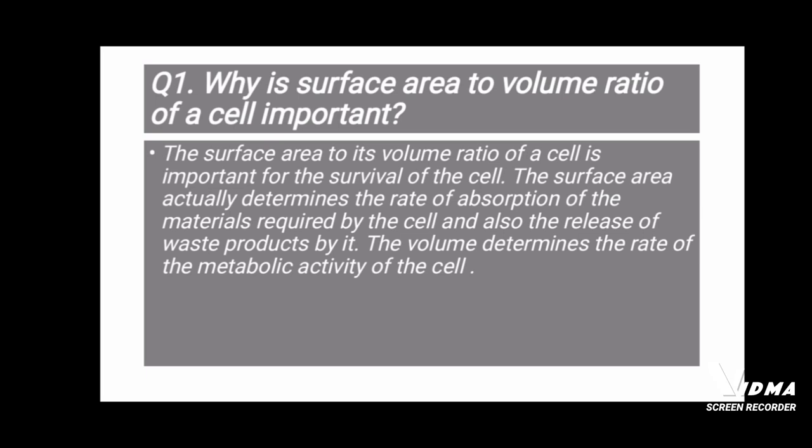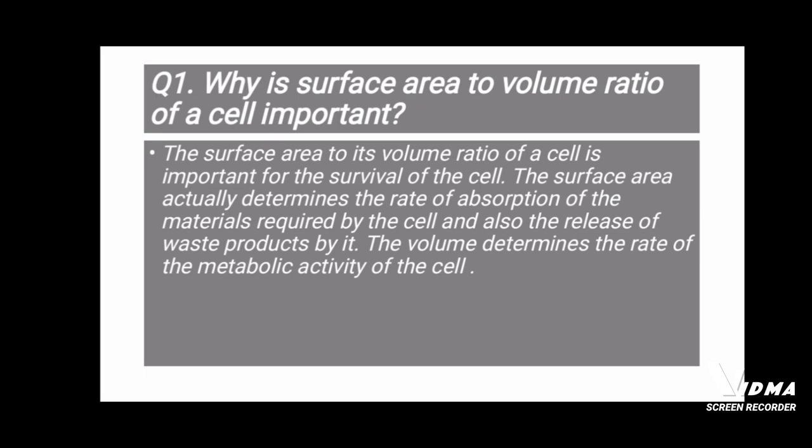Question 1. Why is surface area to volume ratio of a cell important? The surface area to volume ratio of a cell is important for the survival of the cell.